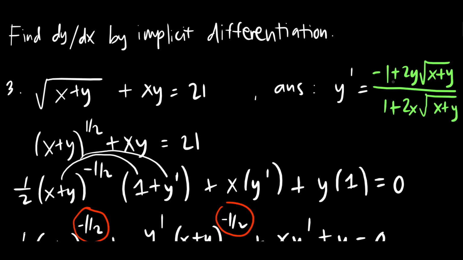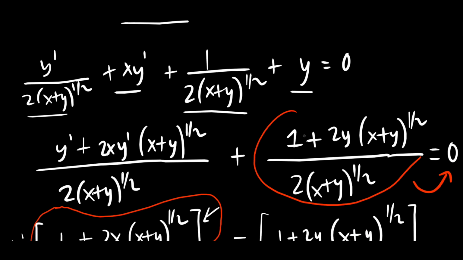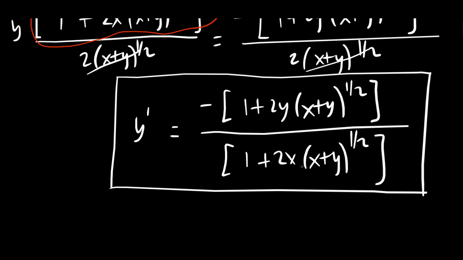So the answer is negative 1 plus 2y multiplied by x square root of x plus y, all over 1 plus 2x multiplied by square root of x plus y. So our answer here is correct, because square root and raised to the power of 1 half are just equal.